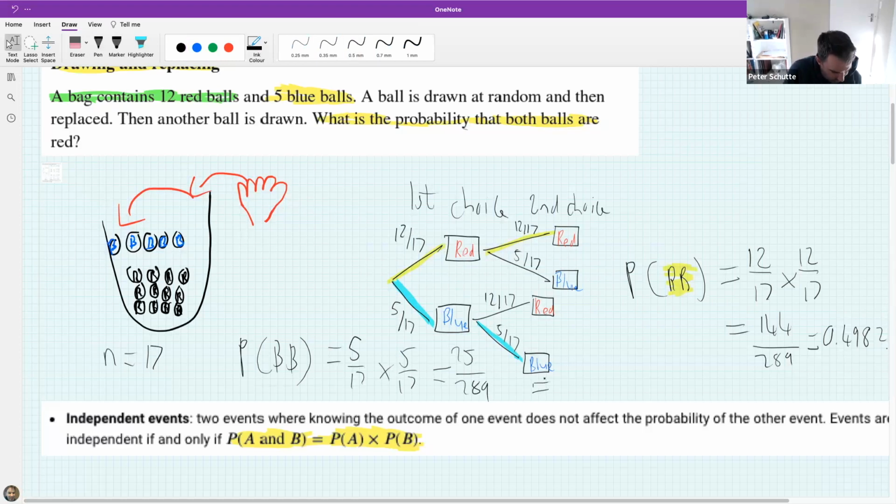And in decimal land, it's going to be about 0.087. So can you see how it's far less likely than getting a red?